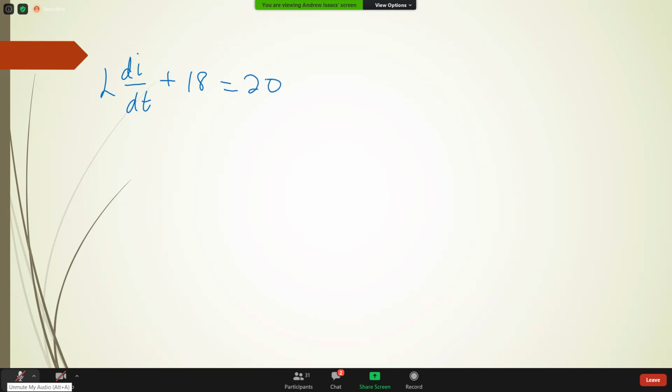Fair enough? So it means therefore that L di/dt is equal to 2 volts, which implies that di/dt is equal to 2 over 100 milli.